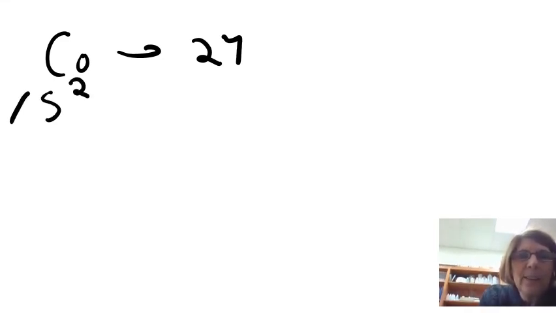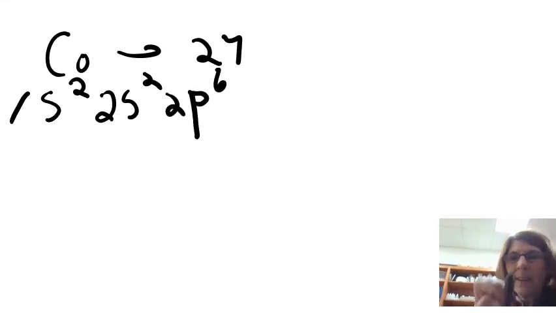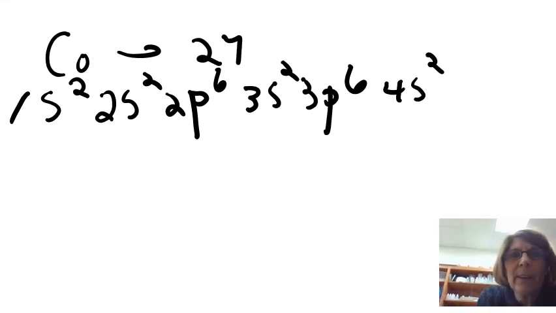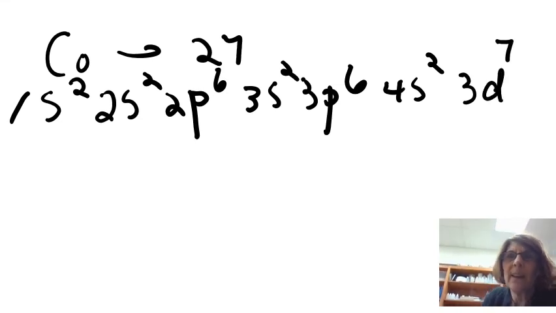So you go 1s2, 2s2, 2p6, 3s2, 3p6, 4s2. Now I've used up 10, 12, 18, 20. So now we're going to 3d. So we need 7 more. So that puts us at 3d7.